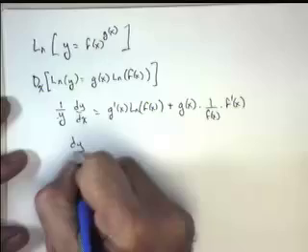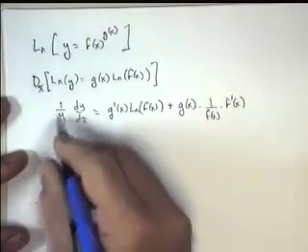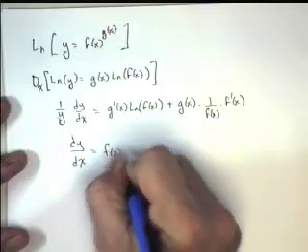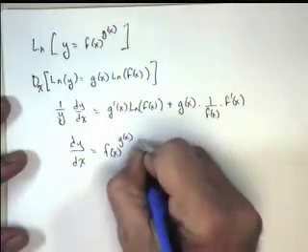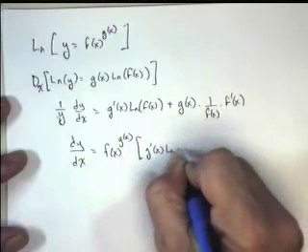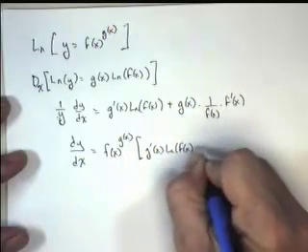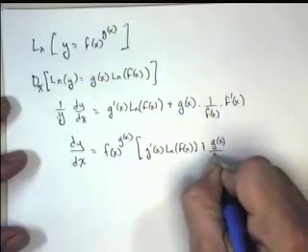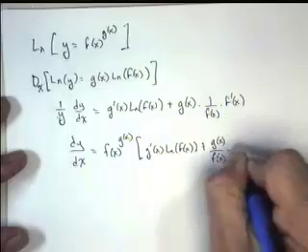Dy dx is equal to y, which is f of x to the g of x, times g prime log f plus g over f prime.